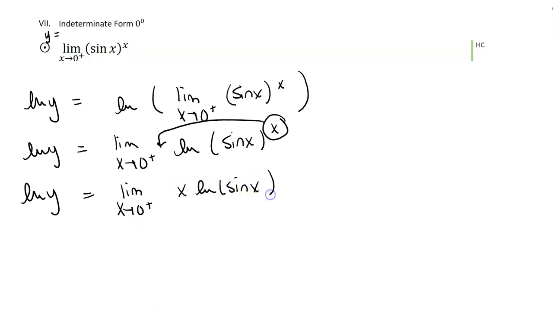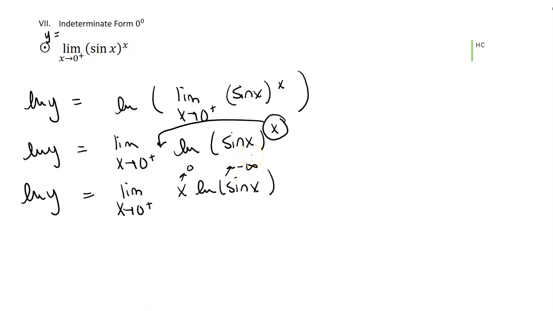And now I have the limit as x approaches 0 from the right of x natural log of sine of x. So in this case, x is approaching 0, and if you're taking the natural log of sine of x as x approaches 0 from the right, this is actually going to approach negative infinity.